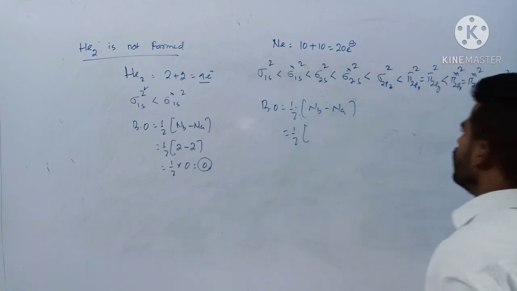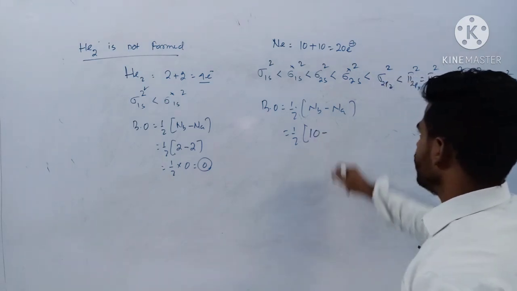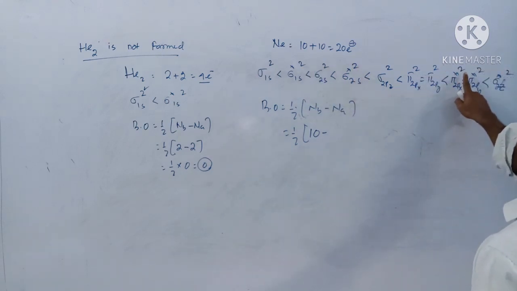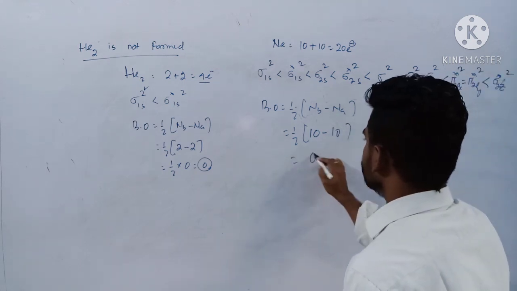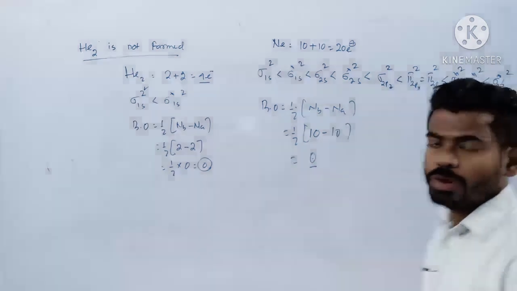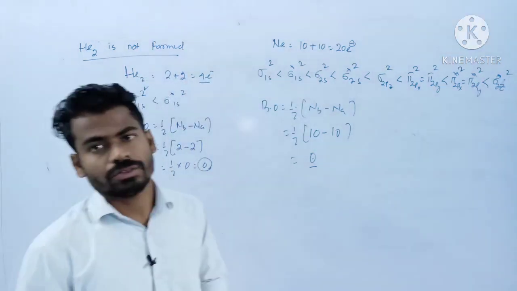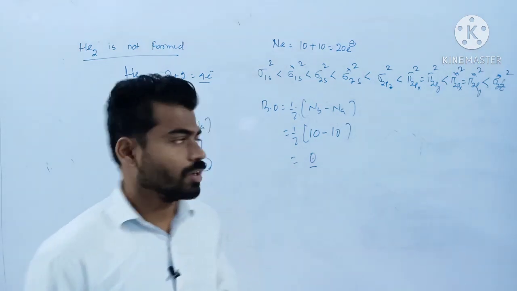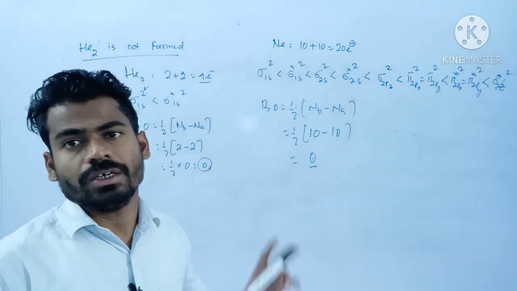So 10 bonding electrons minus the number of antibonding: 2, 4, 6, 8, 10. Again the bond order becomes 0. That means there is no bond among the noble gas atoms. That's why they do not form any molecule, because their bond order is found to be 0. There is no bond between these atoms.